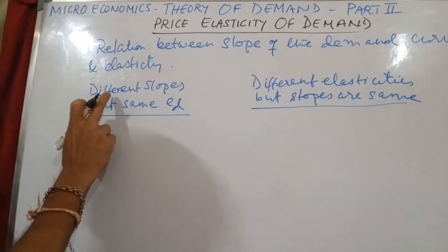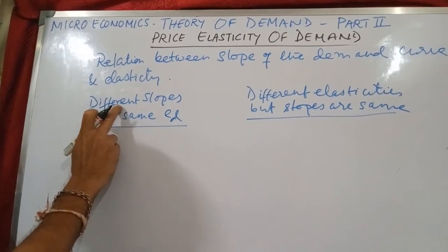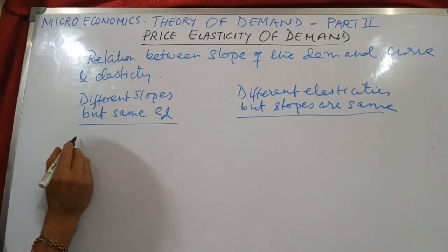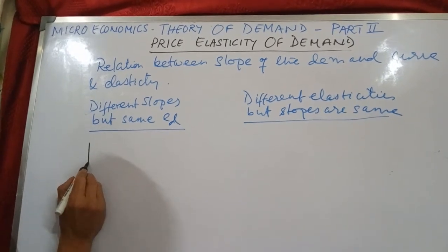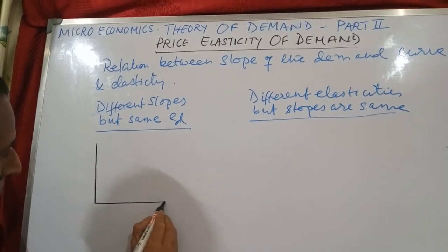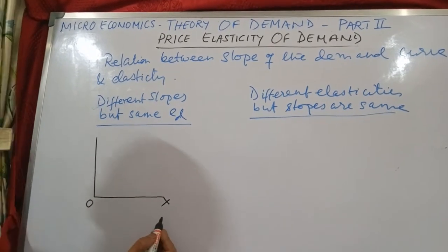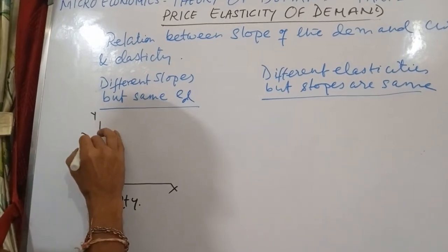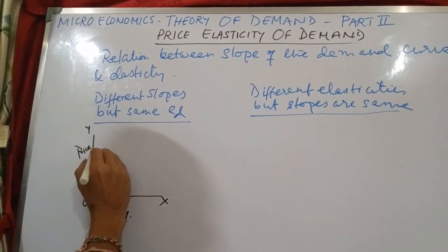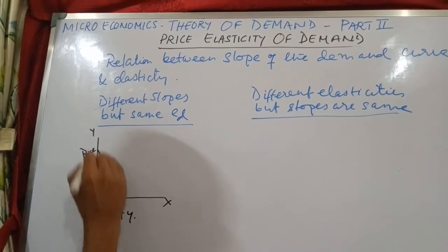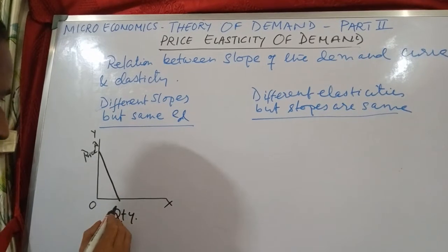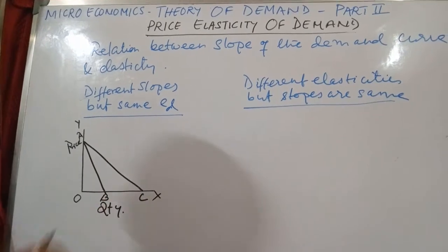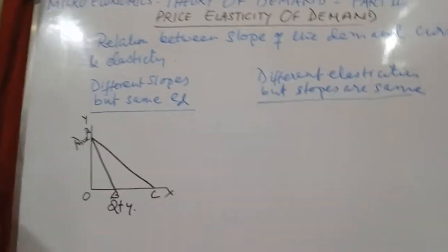So first, in this diagram, I will draw demand curves with different slopes, and I will show that elasticities are the same. On x-axis we measure quantity and on y-axis we measure price. Now let AB and AC be two demand curves, straight line demand curves.